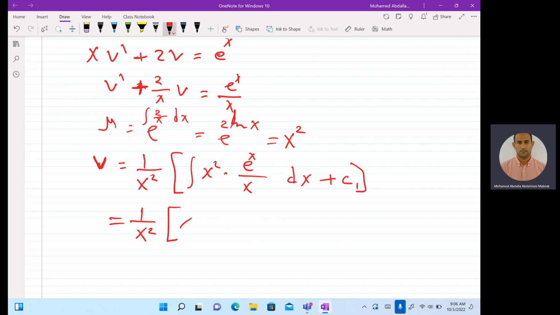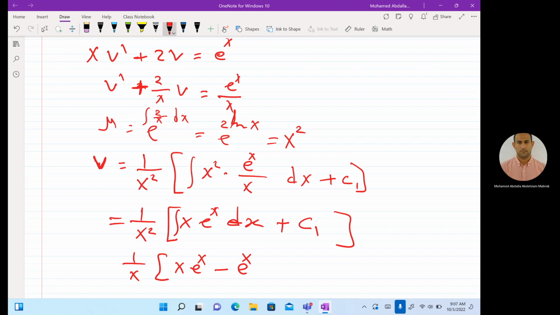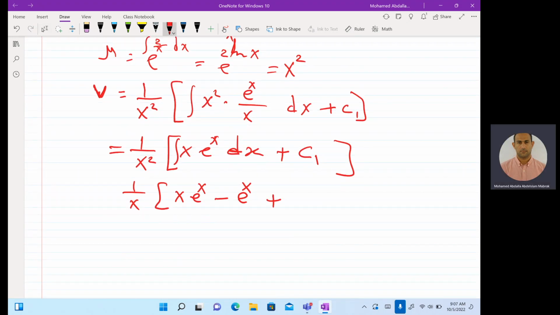This will be x e to the power x integration dx plus C1. This is integration by part. 1 over x. After the integration will be x e to the power x minus e to the power x plus C1. I mean, I've done the integration by part in my head. Yes.